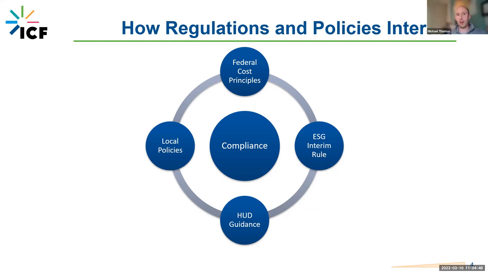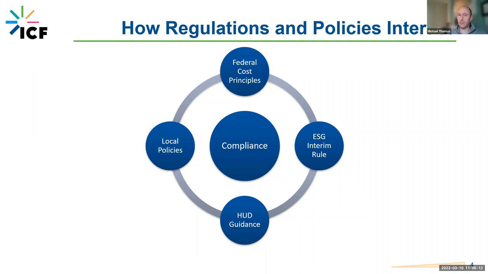And then below that, you've got HUD guidance. So what I'm thinking of here is documents released by HUD, FAQs released by HUD, and if you have gotten any AAQ guidance, so ask a question guidance from HUD specific to your program, that also applies. And then you've got your local policies. And so that's kind of the bottom layer. So once you've gone through all that other stuff, you can establish local policies.